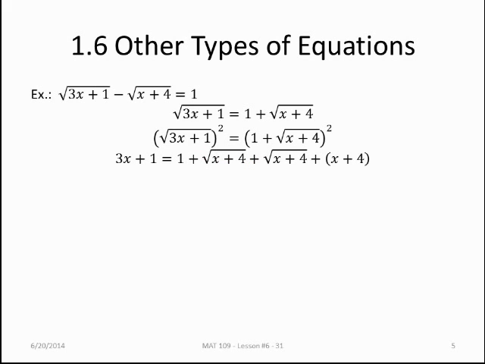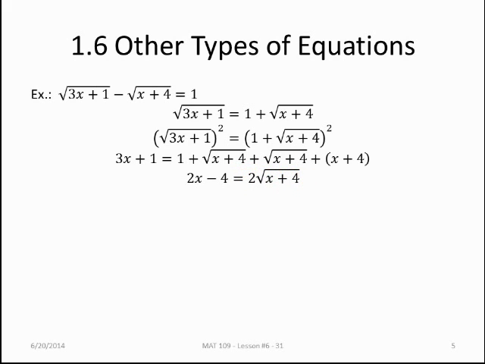If it doesn't show, it's equal to 1. So I have 1 times the square root plus 1 times the square root. 1 plus 1 is 2, and so that gives me 2 times the square root.